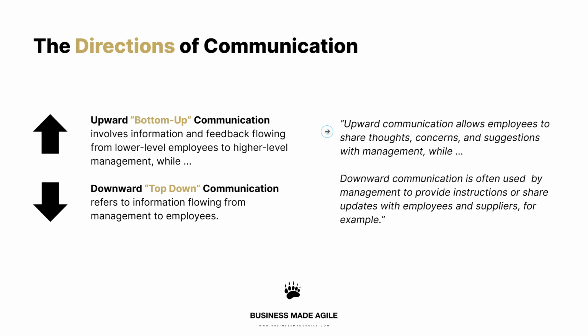Upward communication allows employees to share thoughts, concerns, and suggestions with management, while downward communication is often used by management to provide instructions or share updates with employees and suppliers, for example.